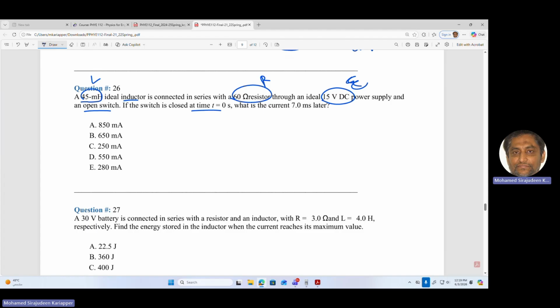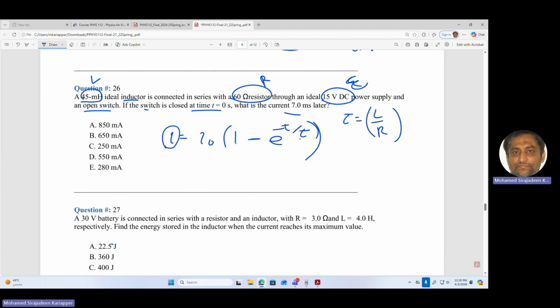So what is the equation for this? This is the current as a function of time. So I is equal to I0. What happens to the current in the case of an LR circuit? The current will increase, like the charge increases across the capacitor in the RC circuit. That means 1 minus e to the power of minus t over tau, and because it is an RL circuit, not RC, the time constant tau will be L over R. Once you know these two equations, you can just do the question. Let's substitute.